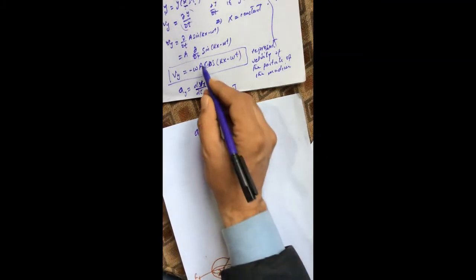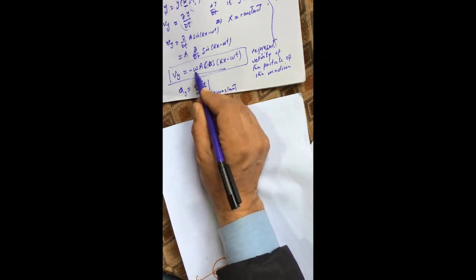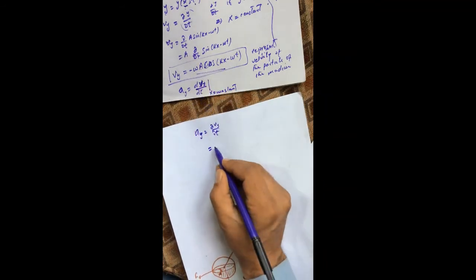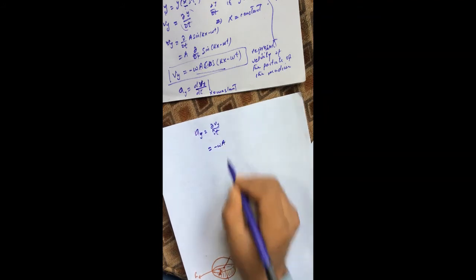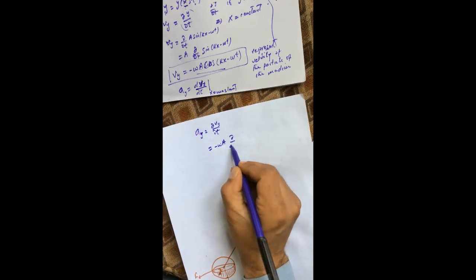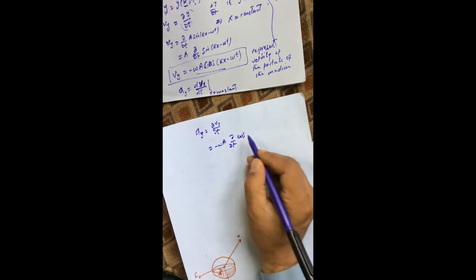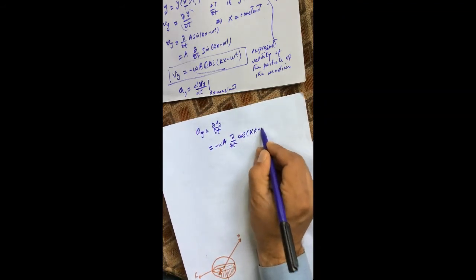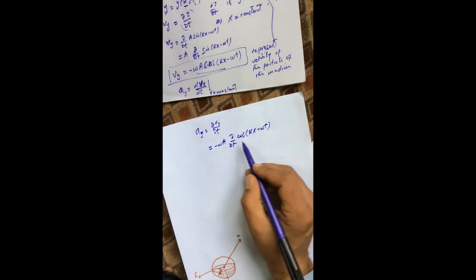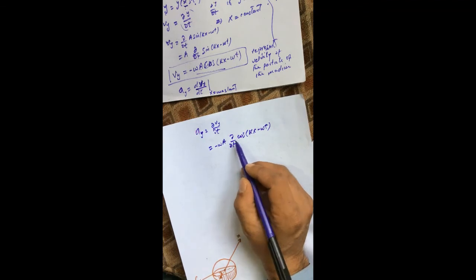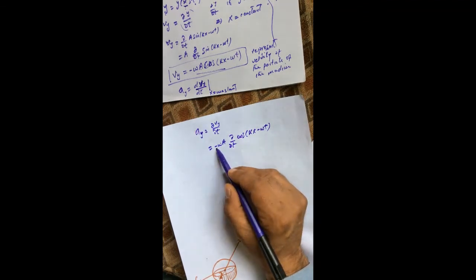Taking the partial derivative of this equation, minus omega a is constant, so I can keep it outside of the derivative. So we are left with partial by partial t of cos(kx minus omega t). From cos I get a minus sign, so one minus there, one minus there, so it's a plus.